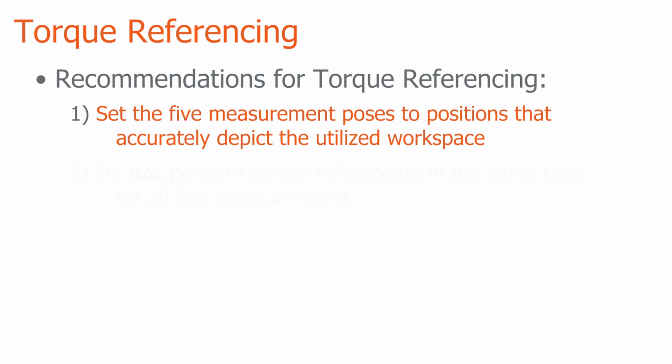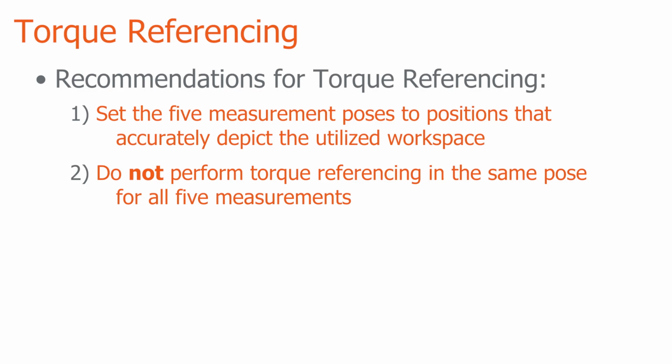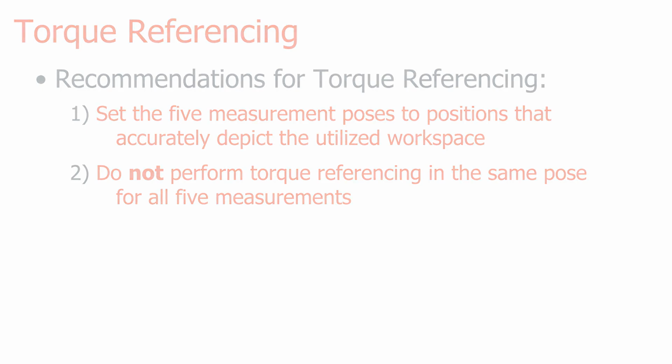It's to your benefit that you do not perform torque referencing in the same pose for all 5 measurements. Although the robot will successfully torque reference this way, it will not be an accurate representation of the torques encountered in the utilized workspace for your application.